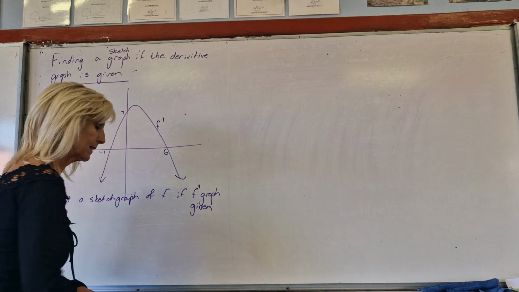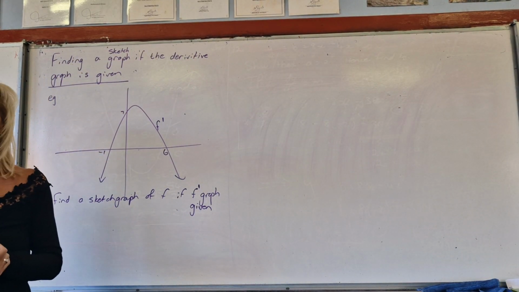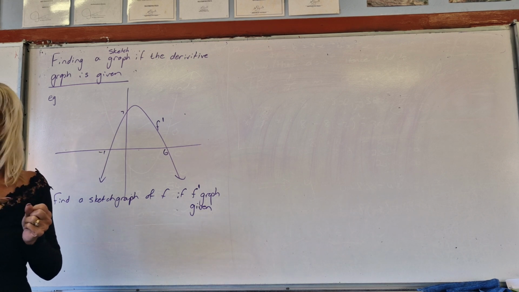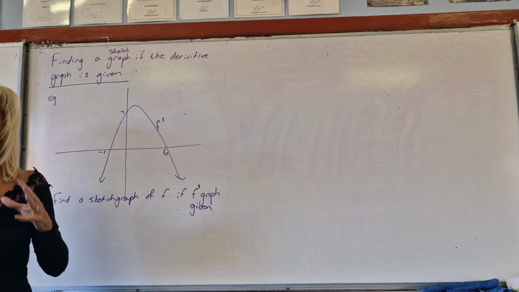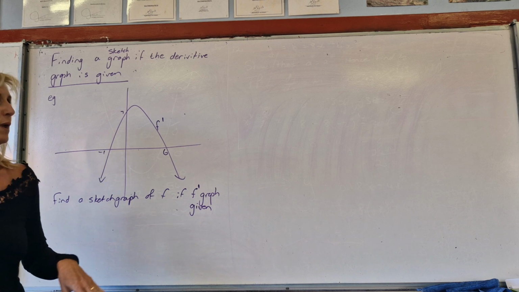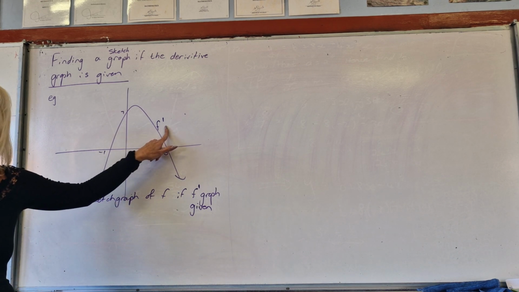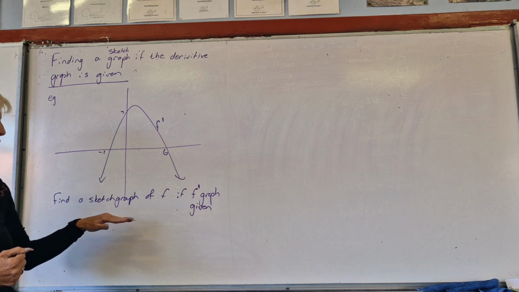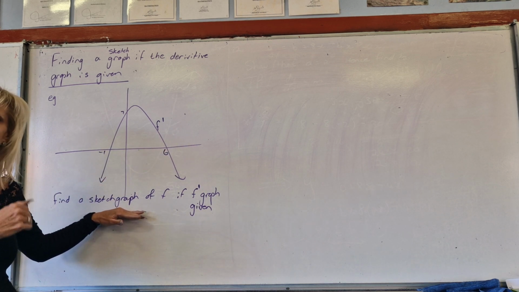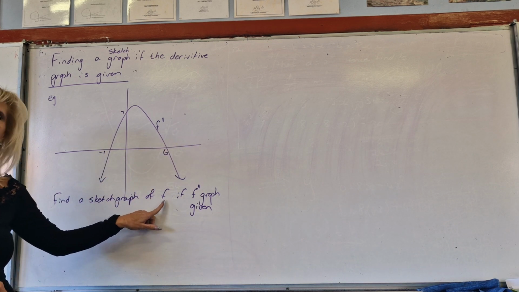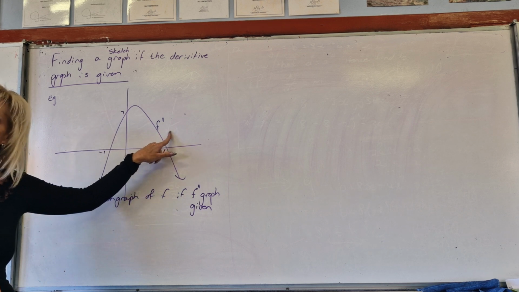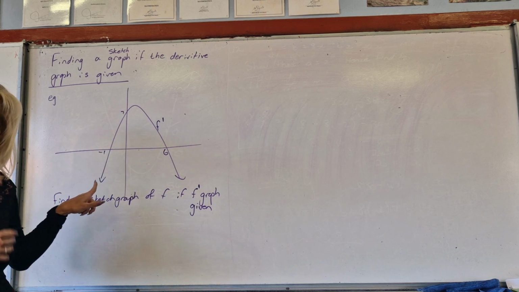This is a little bit difficult to grasp. Once you have it, you're always going to have it. I need to teach you something else now. When they give you the graph of the derivative and they ask you to find the original graph, first of all tell me if the derivative is a quadratic, right?